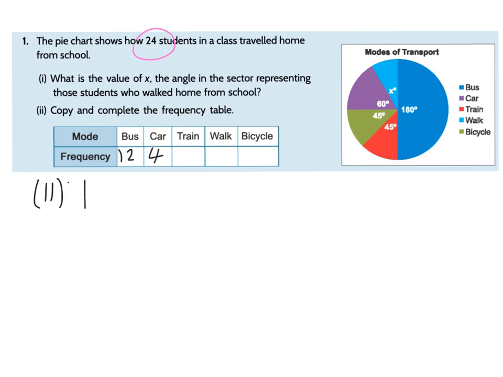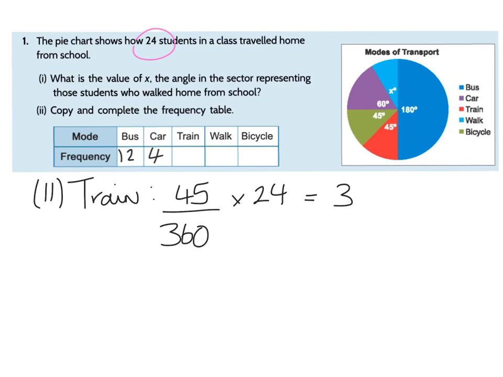Now to find out how many travel by train, we simply take the 45 degrees, divide it by 360, and again multiply by 24. And that will give us 3. And because we know that bicycles is also 45 degrees, we know that our answer for bicycles is also 3.